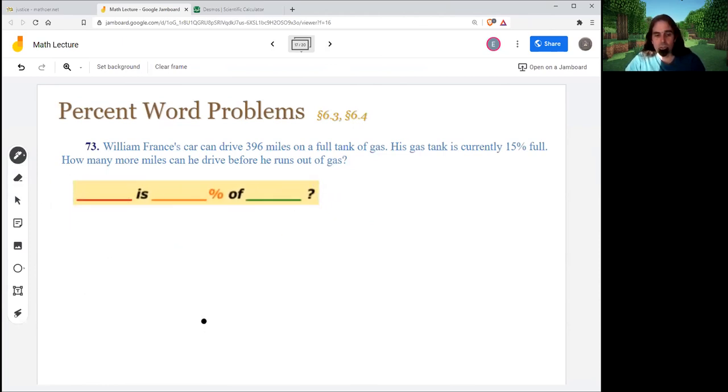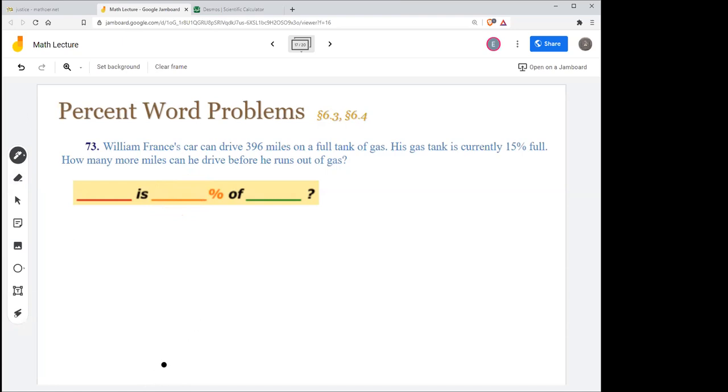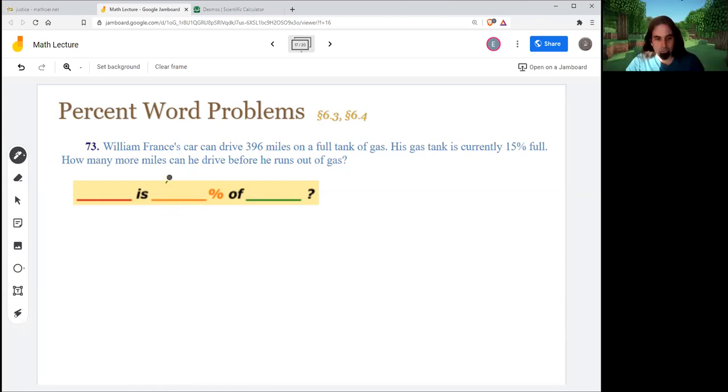So tell me what goes in the three blanks. I'll give you a hint. This one's usually the easiest. 15%. That one's the 15%, right? It has a percent symbol on it. There we go. So there's a what and there's a 396.